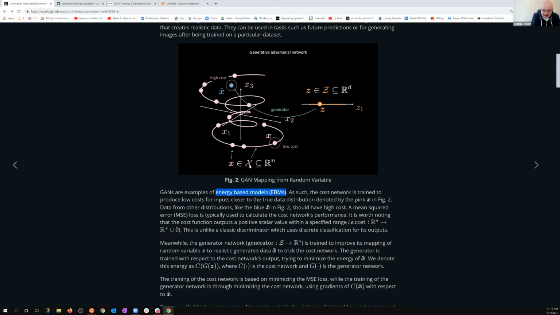There are areas of high and low cost, or high and low energy, and you're essentially inferring the low energy portions of Z space. So that's my understanding. I don't know if anyone wants to jump in.